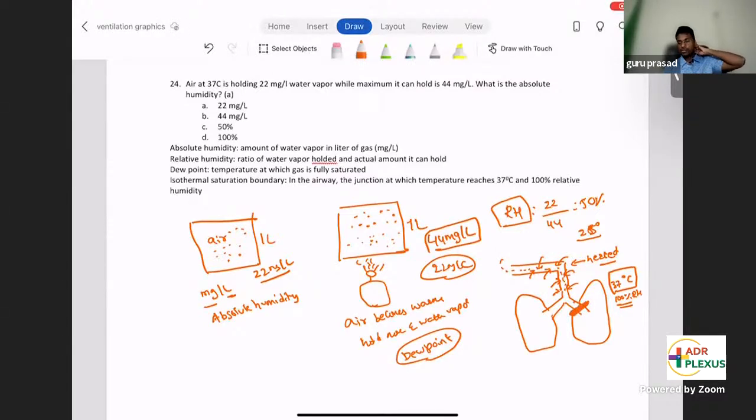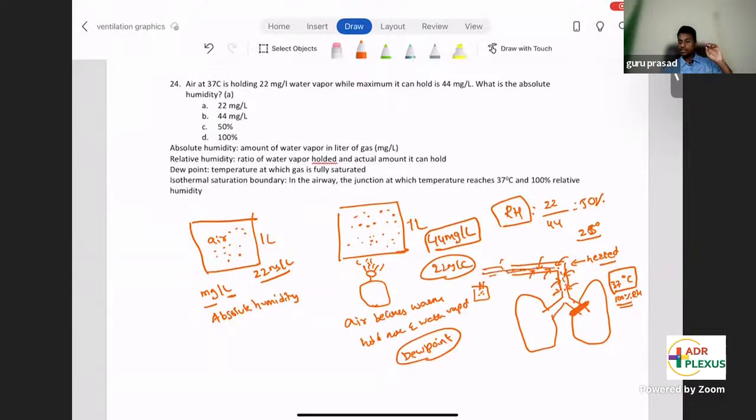Because suppose you have ventilated a baby and you forgot to switch on the humidifier. So what will happen? The cold air which is going inside, usually it is like 4 degrees or 2 degrees, such cold is the air which is coming from your hospital supply. Air is very, very cold, and it doesn't have humidity at all. It is very dry air. So directly you are giving dry air.